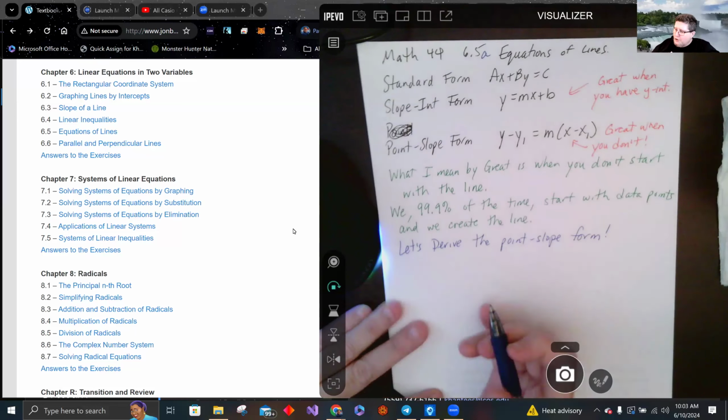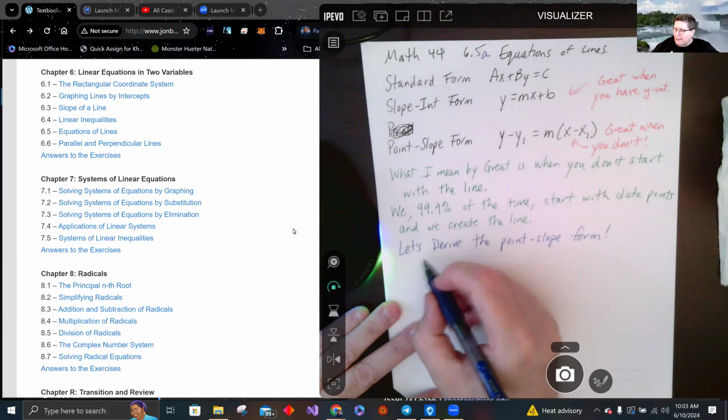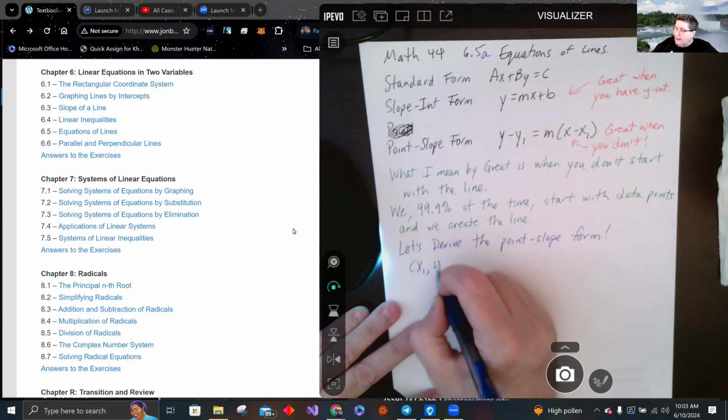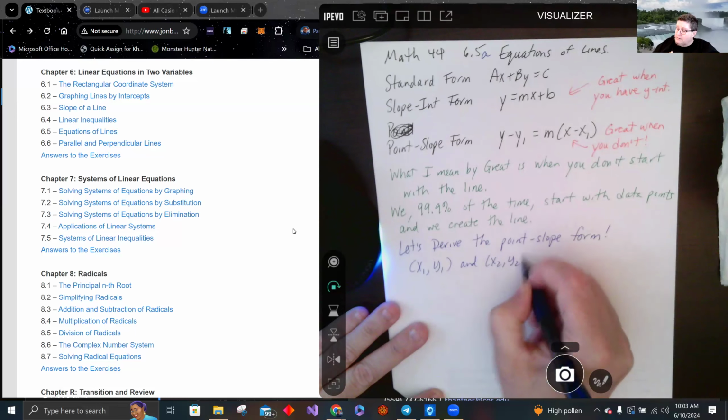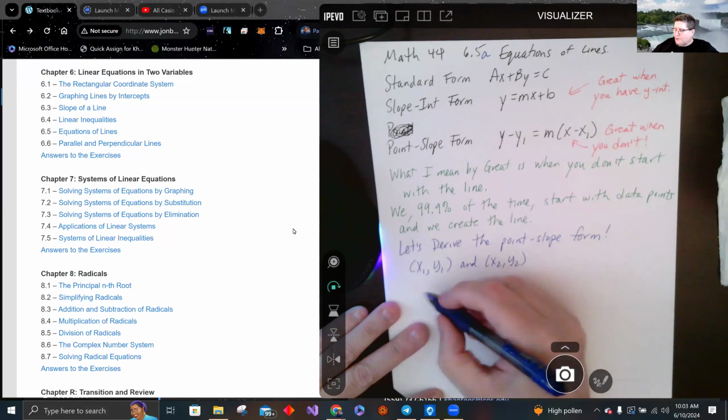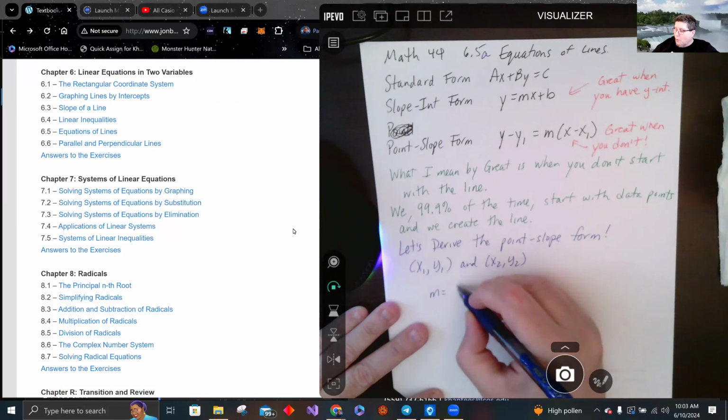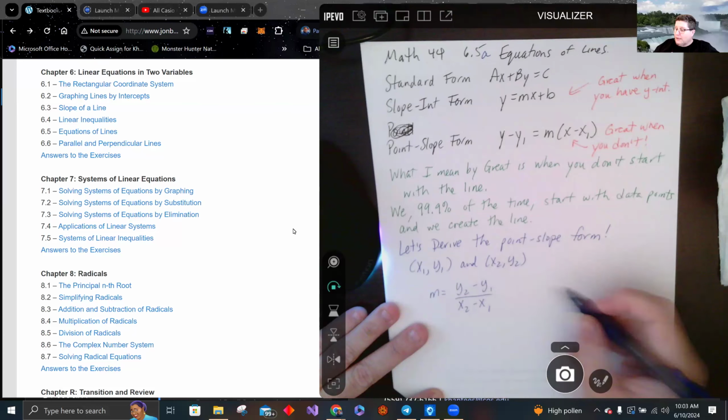So we usually use this form when we're given 2 points like x1, y1, and x2, y2. So this comes from m equals y2 minus y1 over x2 minus x1.